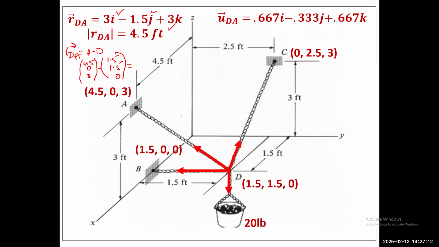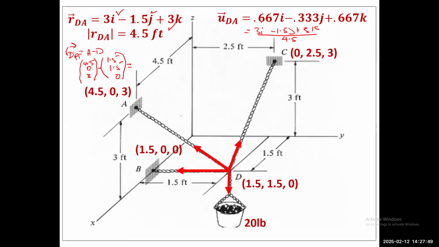And if you find the modulus of that, everybody remember how we find the modulus? The modulus of the vector, you use Pythagoras theorem, you square each quantity, and you take the root. And when you square each quantity and take the root, it is 4.5. And when you have 4.5, you are able now to find your unit vector, which is going to be 3i minus 1.5j plus 3k divided by 4.5, dividing each quantity by 4.5.